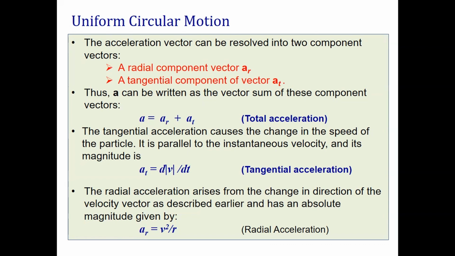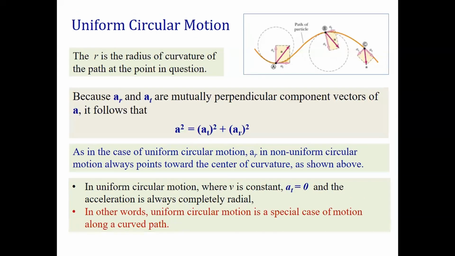It is parallel to the velocity, and its magnitude is given by a equal to dv divided by dt. The radial acceleration arises from the change in the direction of the velocity vector, and its magnitude is v squared divided by r. Remember that in uniform circular motion, r is the radius of curvature of the path at the point in question.